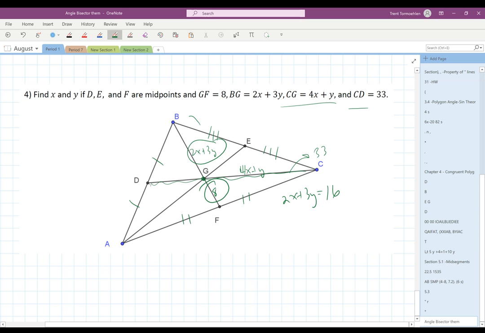Same thing here. If this whole length DG is 33, well, the length from C to G is 2/3 of 33, and 2/3 of 33 is 22, so that means I can get 4x plus y equals 22. Multiply through by -2, that gives me -4x minus 6y equals -32, which gives you -5y equals -10, or y equals 2.